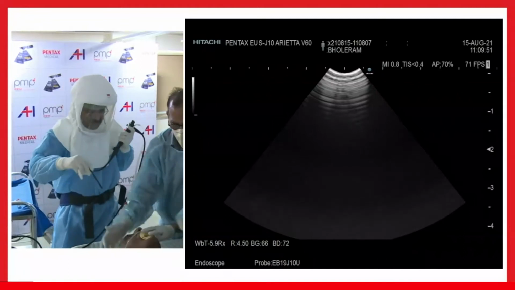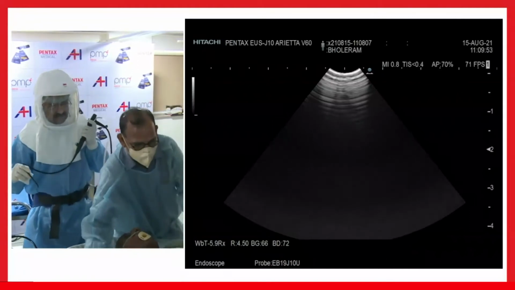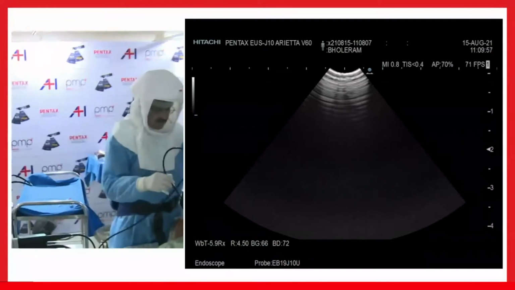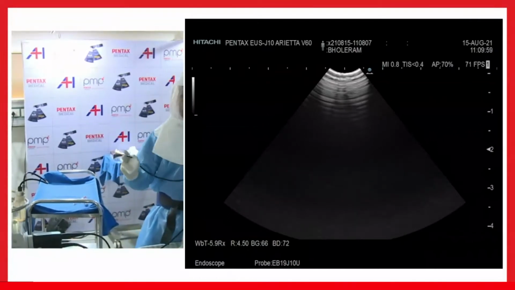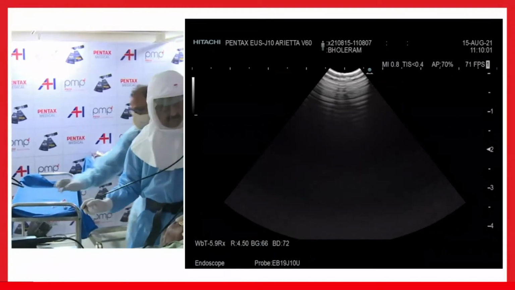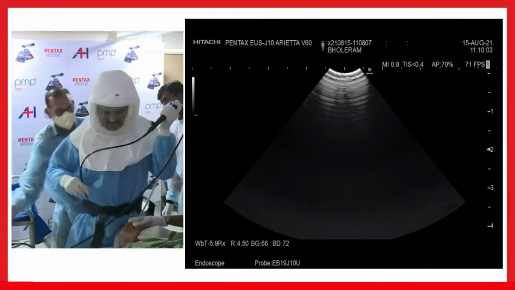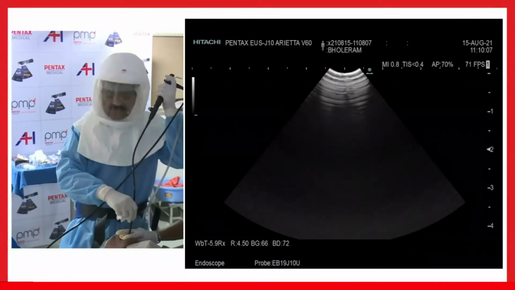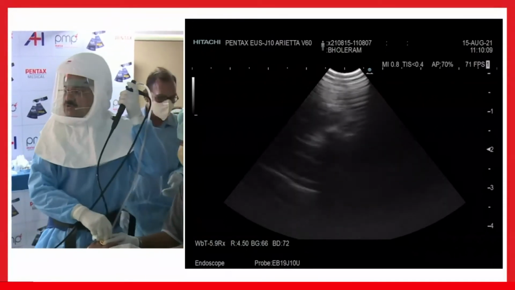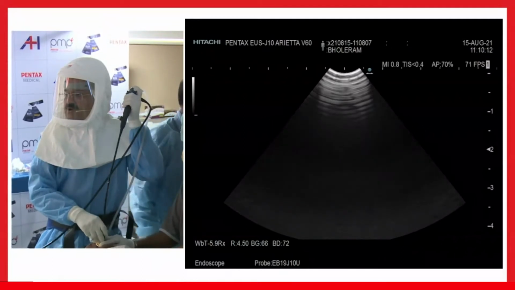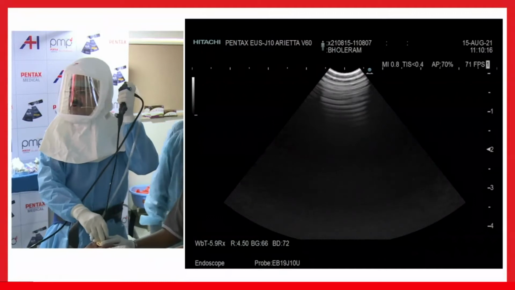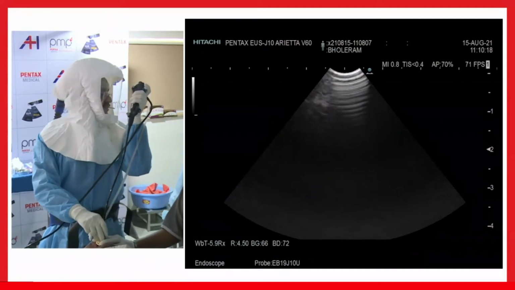Raise the patient up a little. The same way as you put the bronchoscope, you can see here the vocal cords, the epiglottis, xylocaine.